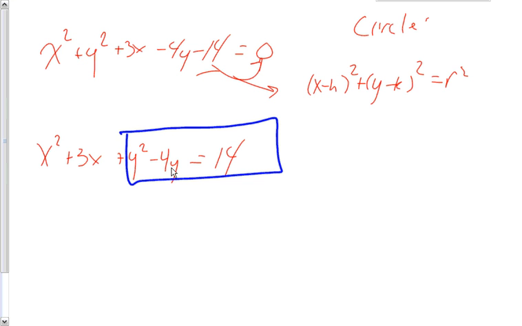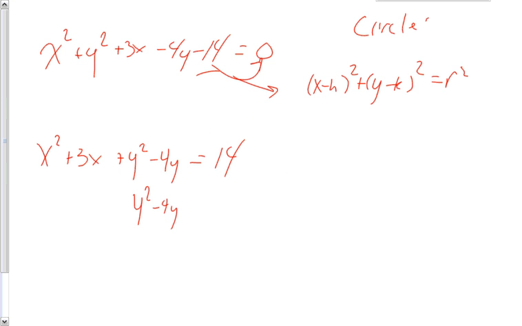Half of 4, 2. Square it, you get 4. So y squared minus 4y, I'm going to add 4 here. Well, got to add 4 to that side too. This right here then turns into, remember we're dealing with y's, y minus 2 squared equals 18.